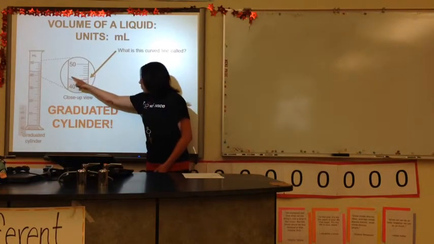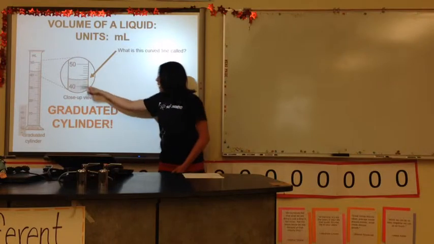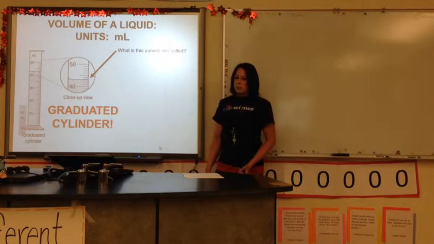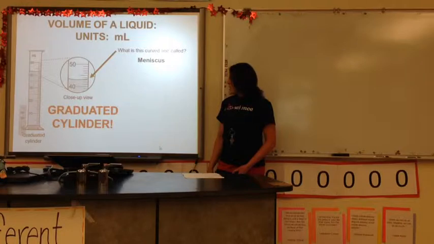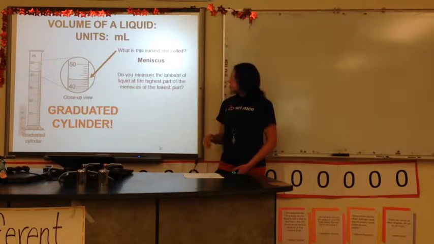Water, for example, will form this curved line. What is that called? You may remember that term. It's called a meniscus. Another thing that's important to talk about is, do you measure something from the highest part or the lowest part of the meniscus? And the answer is you always measure from the lowest point.